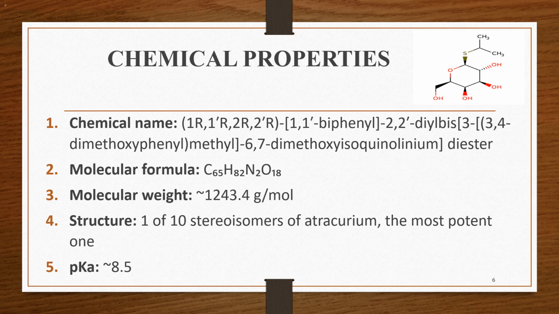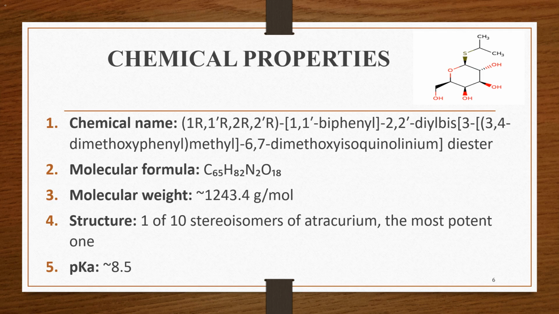2. Molecular formula. C65H82N2O18. This represents the composition of atoms in a molecule of Cisatracurium. 3. Molecular weight. Approximately 1,203.4 grams per mole. This is the approximate mass of a molecule of Cisatracurium. 4.